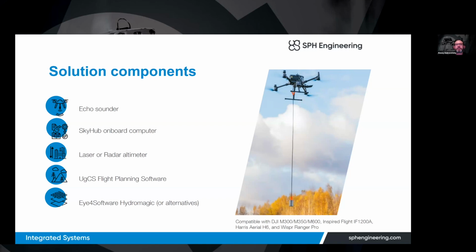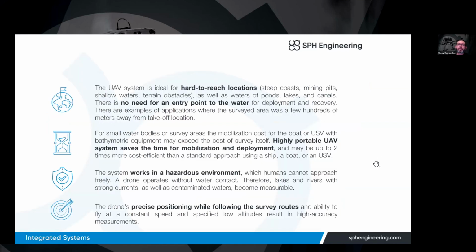Why ArduCopter? Because ArduCopter has a native implementation of terrain following with an external altimeter, which is very important for bathymetric surveys. Why is it beneficial in some situations to use echo sounders attached to the drone?